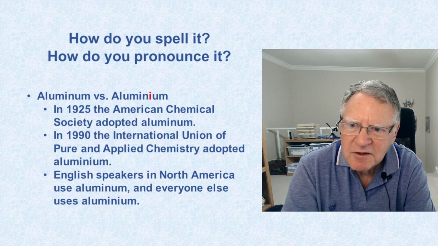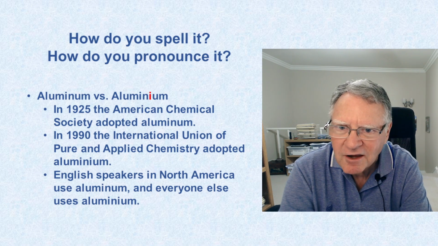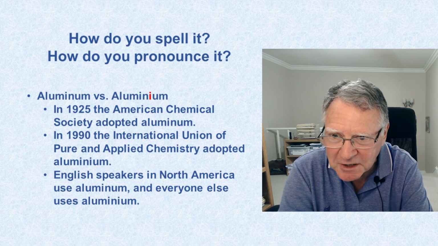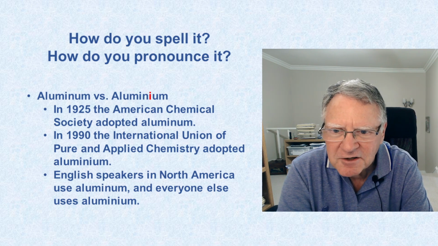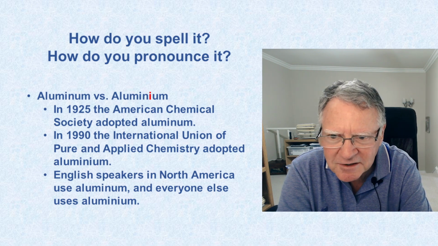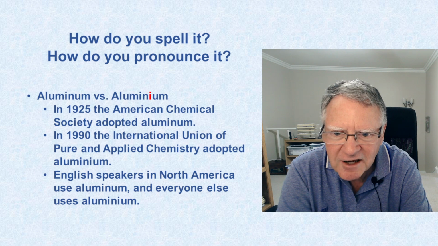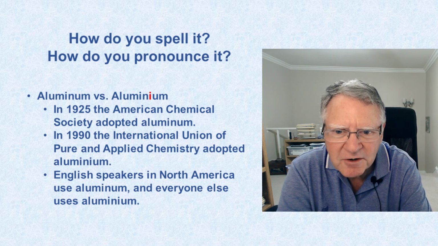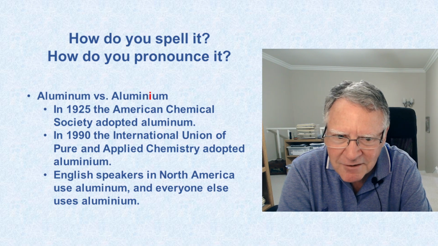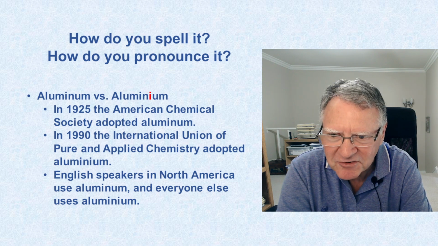Okay, the first thing we need to talk about is how do you spell it and how do you pronounce it? Is it aluminum or aluminium? In 1925, the American Chemical Society adopted aluminum. In 1990, the International Union of Pure and Applied Chemistry adopted aluminium. Today it's mixed.